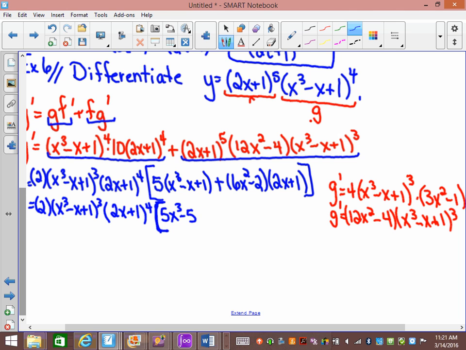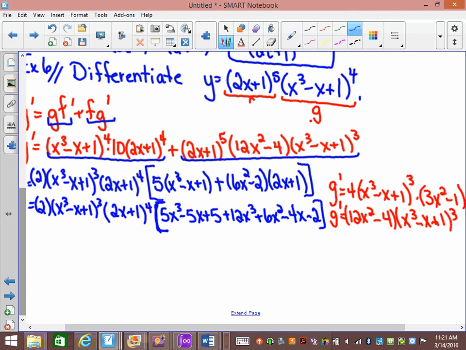minus 5x plus 5, and to FOIL this, 6x squared times 2x is 12x cubed. 6x squared times 1 is 6x squared, sorry. Negative 2 times 2x is negative 4x, minus 2.